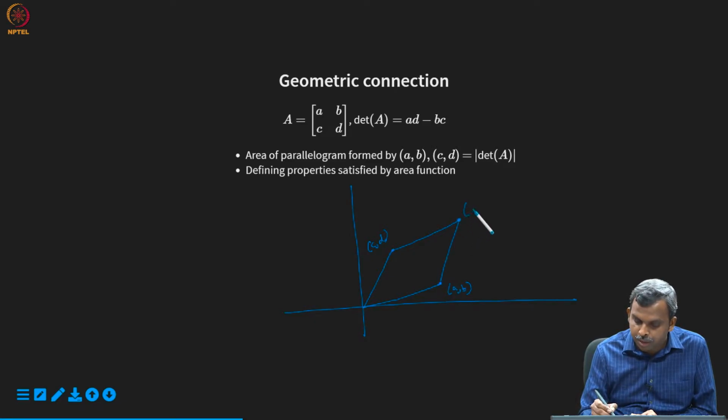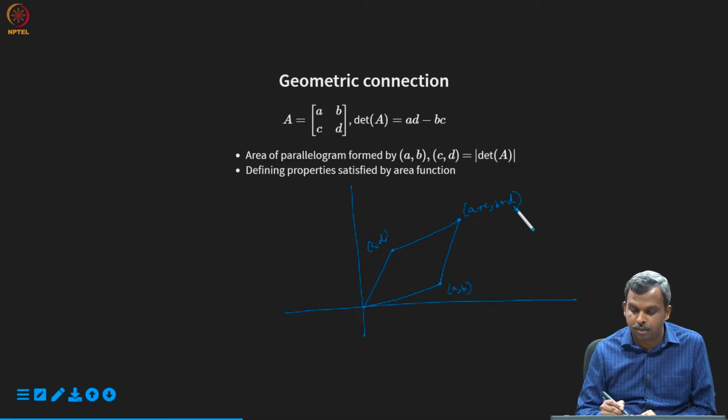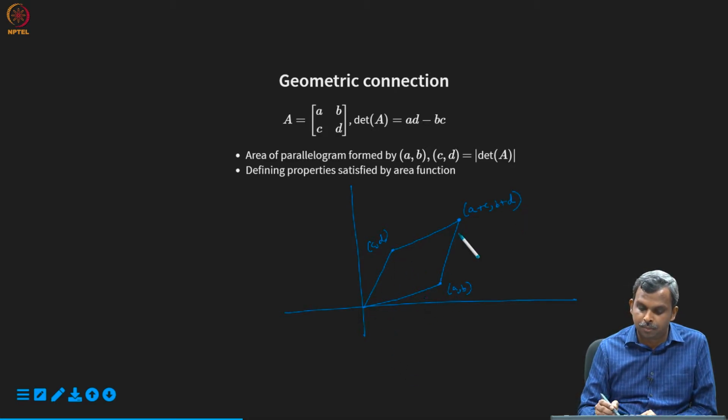This point would be A plus C comma B plus D. That's the sum of the two vectors, and that forms the parallelogram. Hopefully that's okay. So A plus C and B plus D.